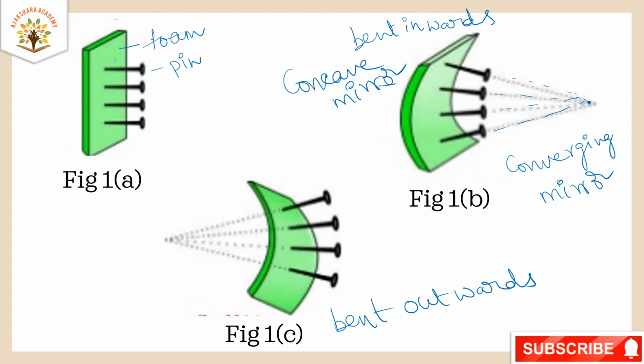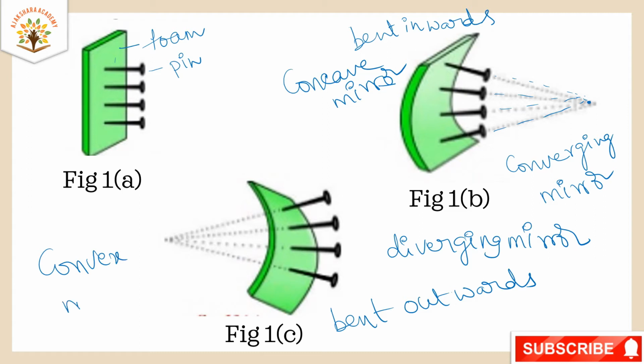So this is a diverging mirror, because it diverges. That's why it is also known as a diverging mirror. So this acts as a convex mirror.